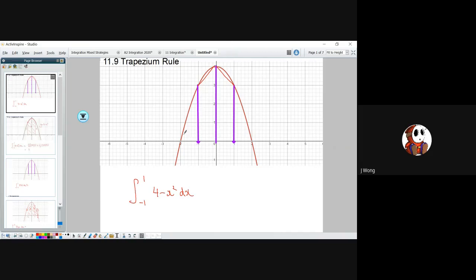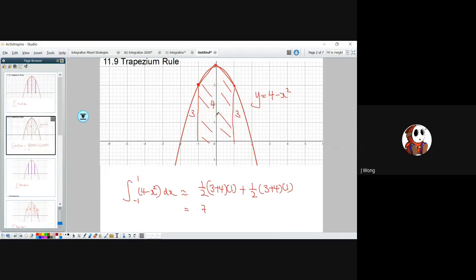So in the first example here, if I would like to find the area between -1 to 1 of 4 minus x squared, I could chunk this up into two separate trapeziums and work it out. So it will look like this, where you could recognize the length, the height of the trapezium at x equals -1, 0, and 1.